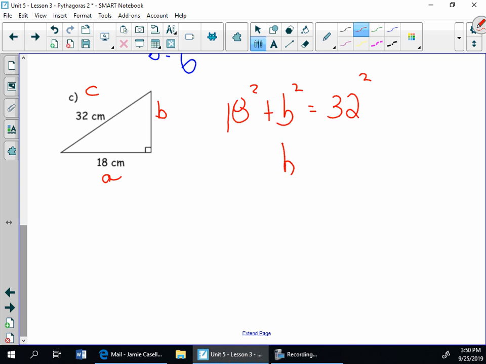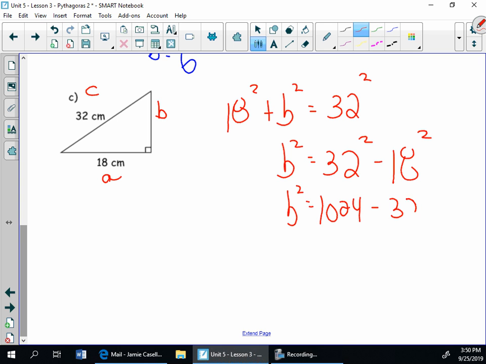I want to get the B by itself. So I'm going to bring it over and subtract. I'm going to do my math now. 32 squared is 1,024. 18 squared, oh, I've seen that number already once today. 324. If I subtract, I get 700. But that's b squared. We want b, so we have to take the square root.